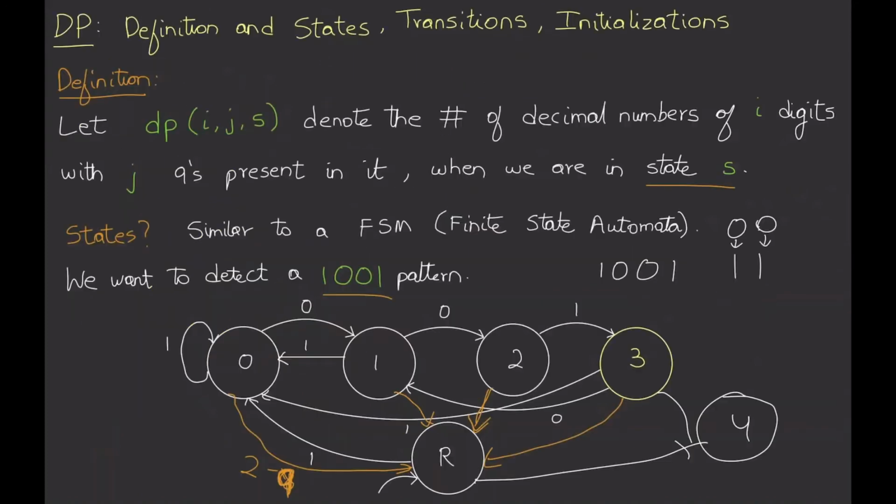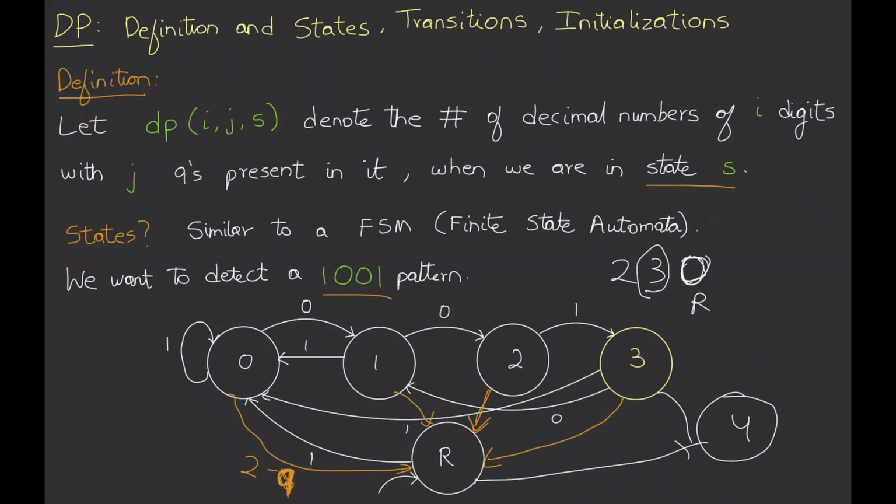And why is that? Let us say we had some kind of input, 2, 3, something like that, and then I saw 0. So here this is a 0, but it's not part of any pattern yet, because I did not see a 1 immediately before it. So this 3 over here says that I was at state R. I can go to the 0, but this 0 still represents state R itself, because I did not see a 1.